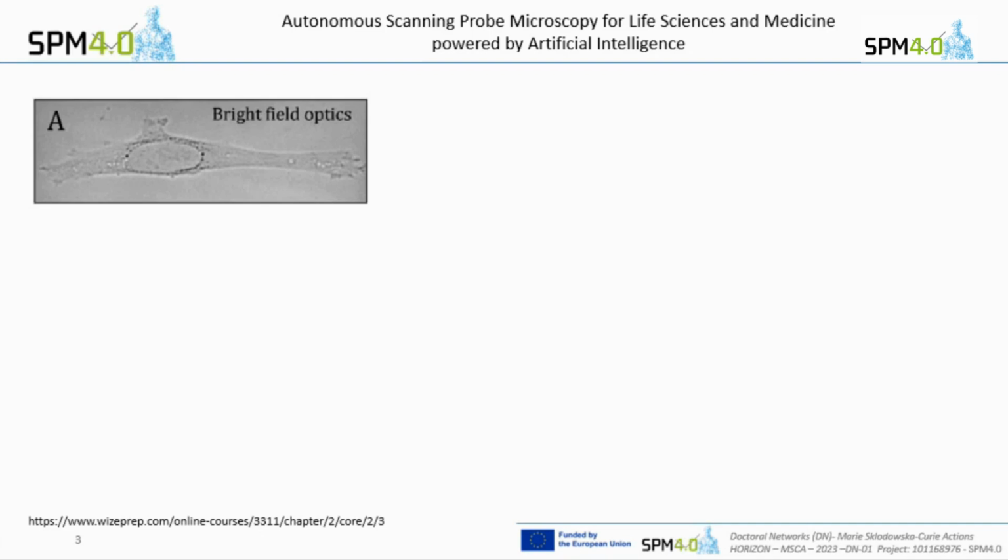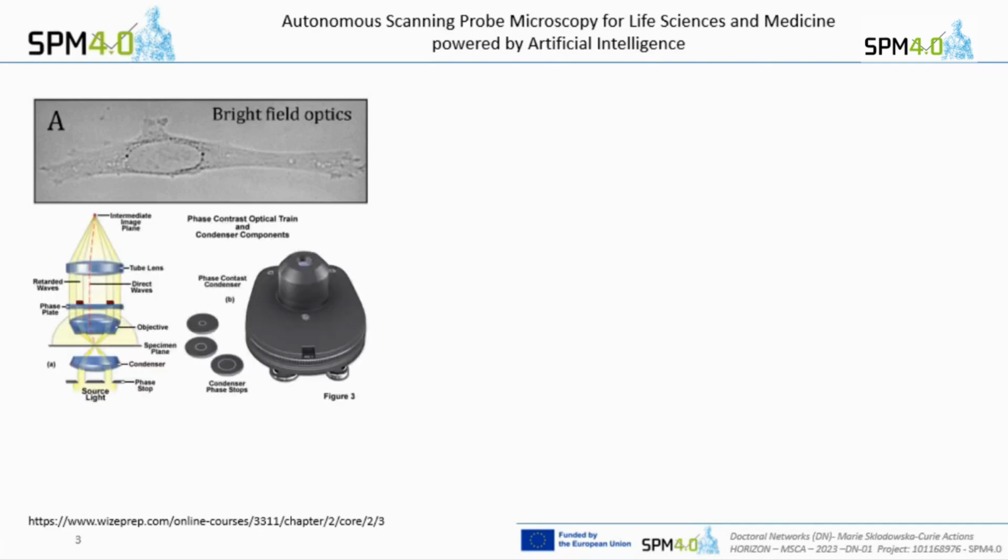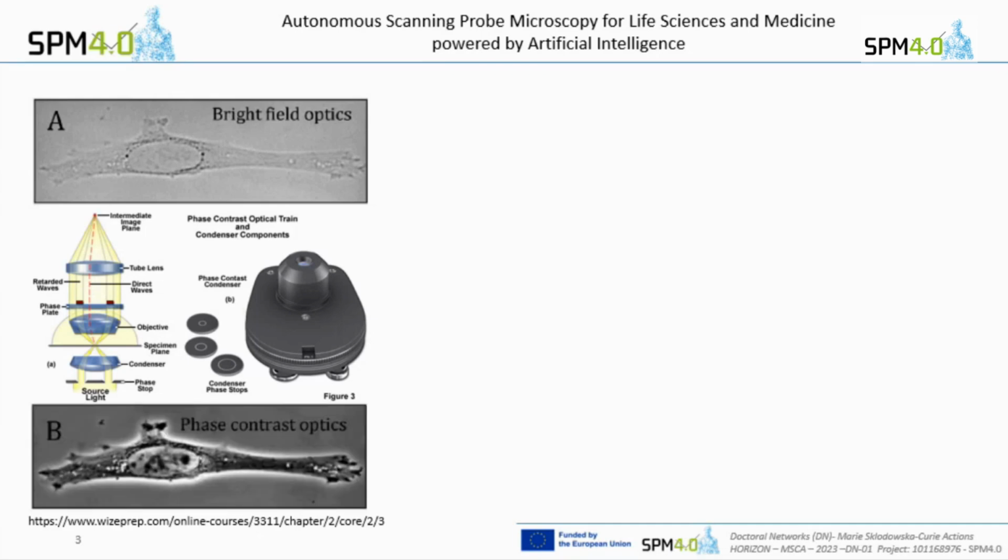If you want to increase that, you can use phase contrast microscopy, which in contrast exploits the phase shift of the light that goes through the sample. Then you have some special optics like condenser rings and phase rings in the objectives, and you get images that look something like this. Better, but also with artifacts. You see this bright halo around the cell, but at least you can distinguish, for example, the nuclei better from the cytosol.